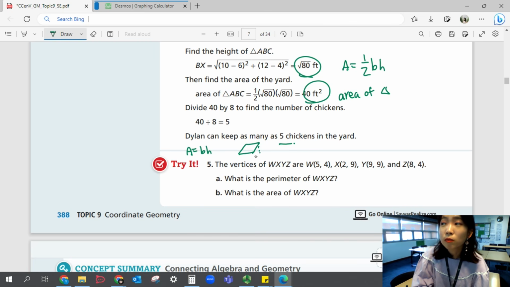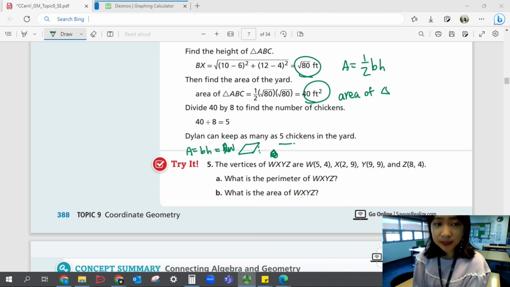And then multiply base times height. Okay? So it could be length times width or base times height. All right, so let's pause the video and see if you can solve it by yourself. Come back when you're ready for answers.